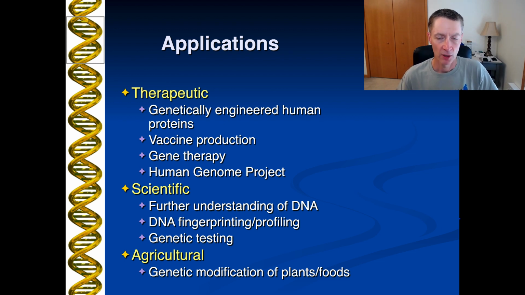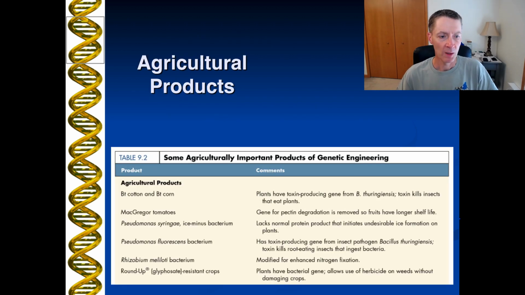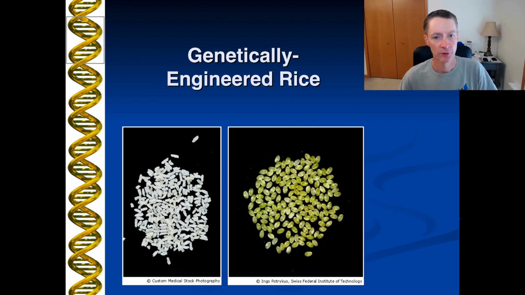A lot of these kinds of changes can help with that. And so here are a few, I don't expect you at all to memorize these things, but maybe you recognize some of these. There's a lot of agriculturally important products genetic engineering gives us. And this is all coming from our basic knowledge of recombinant DNA, use of PCR, and lots of other techniques.